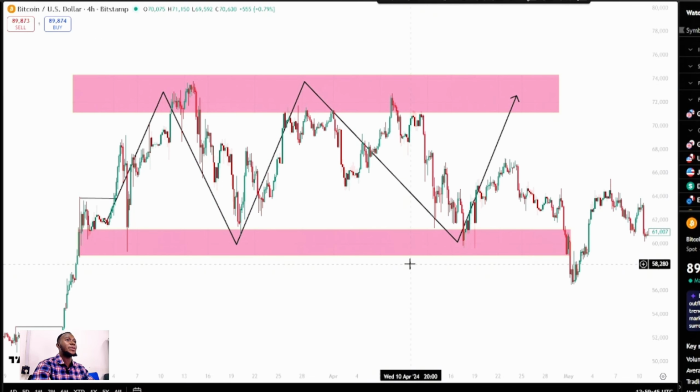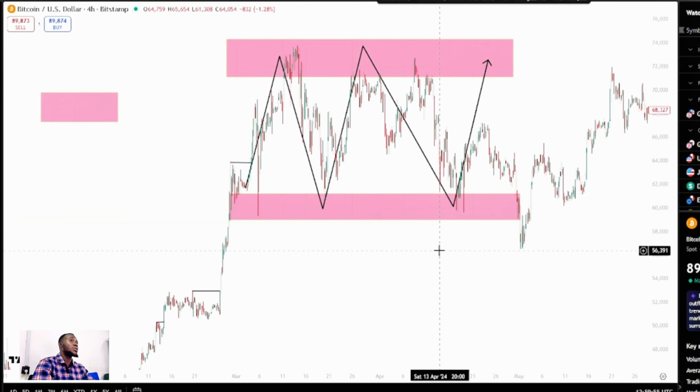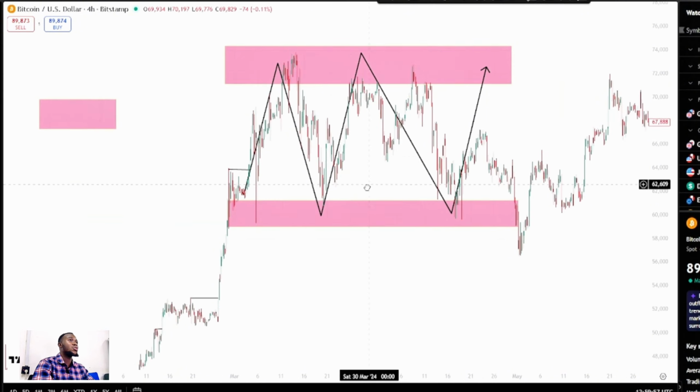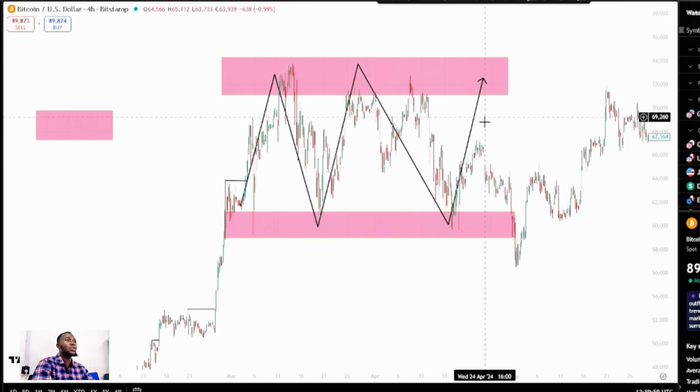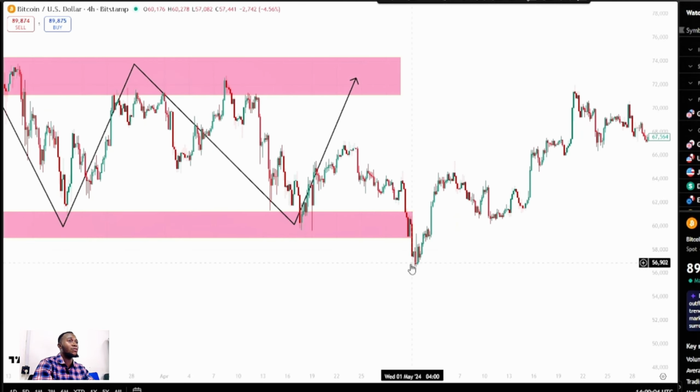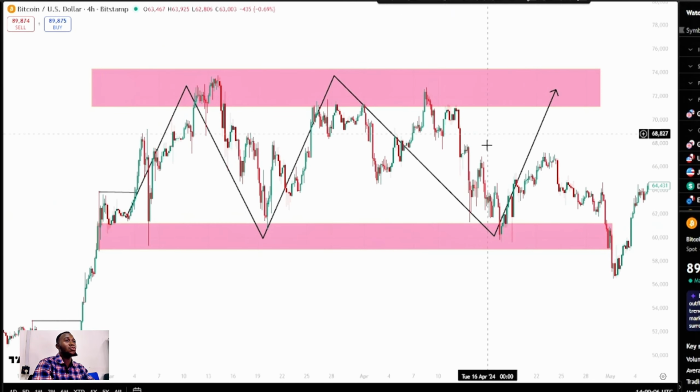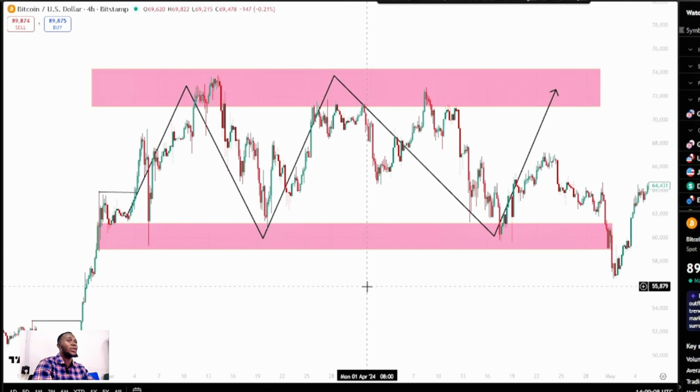Whenever the market does not have a specific direction, it's not advisable for you to be trading, because the market can be using you as liquidity at either the support zones or the resistance zones. Until we get a breakout out of either this resistance or this support level, you are not supposed to take any trade. Be very, very careful whenever you see this kind of trend in the market.